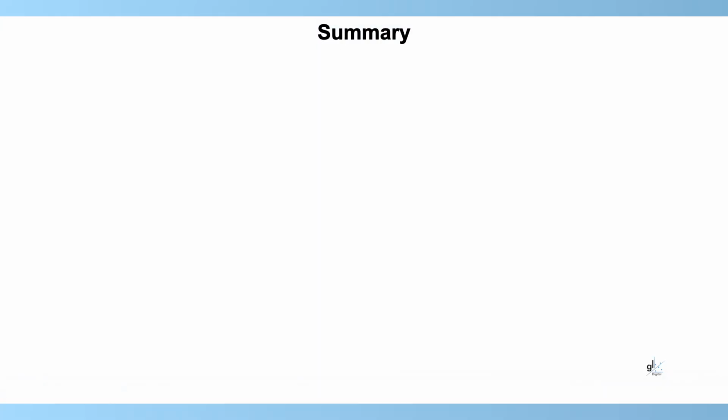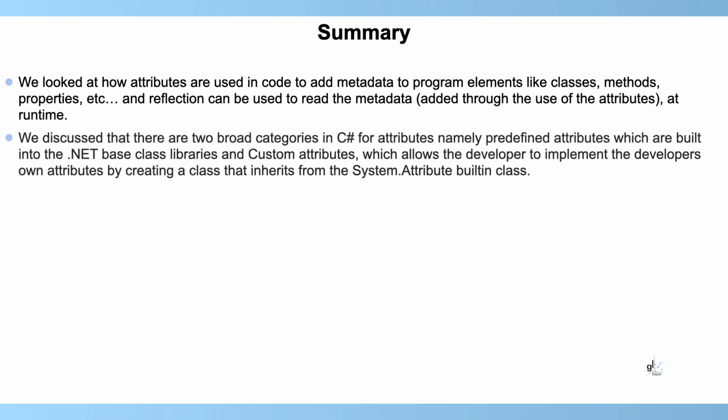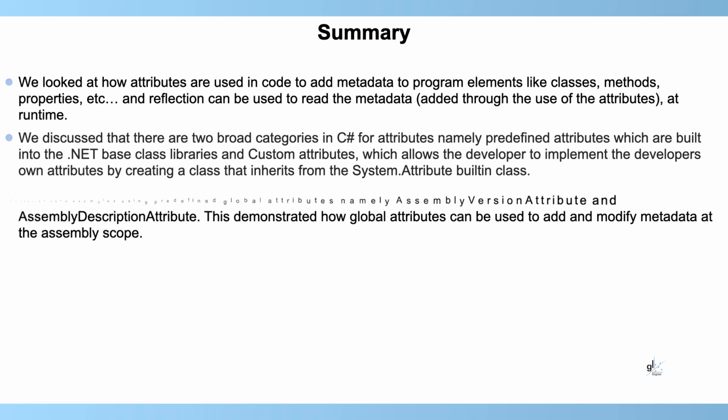We looked at how attributes are used in code to add metadata to program elements like classes, methods, properties, etc. And reflection can be used to read the metadata added through the use of the attributes at runtime. We discussed that there are two broad categories in C# for attributes, namely predefined attributes, which are built into the .NET base class libraries, and custom attributes, which allow the developer to implement their own attributes by creating a class that inherits from the System.Attribute built-in class, either directly or indirectly.